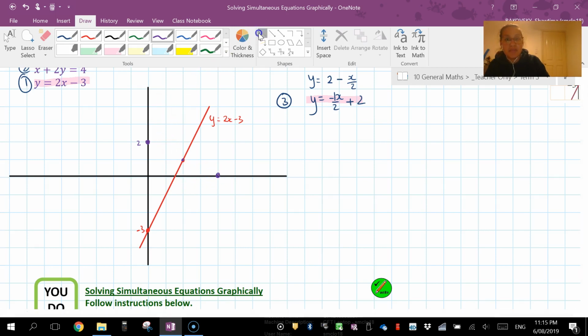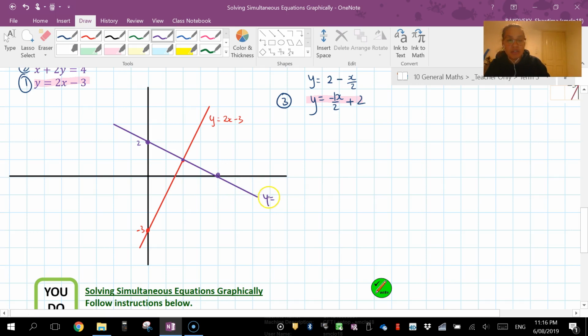I'm going to take my pen and my straight line marker and hopefully get this right. Not bad. It's actually quite good.